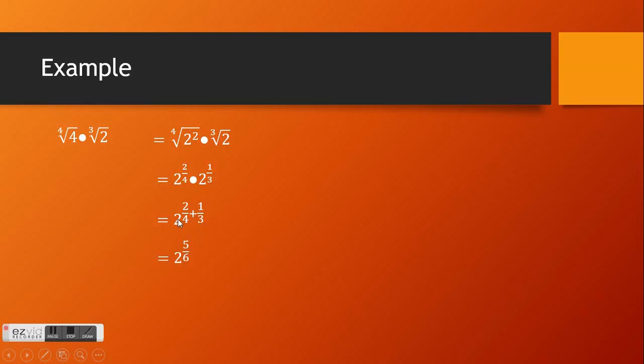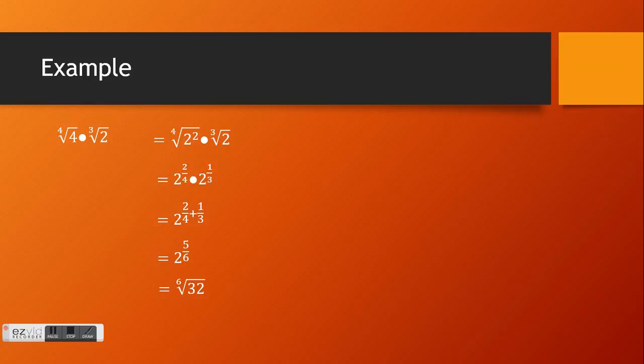So, we now have 2 raised to 5 over 6, because we have 12 divided by 4 times 2, then 12 divided by 3 times 1. We add them, and it simplifies to 5 over 6.